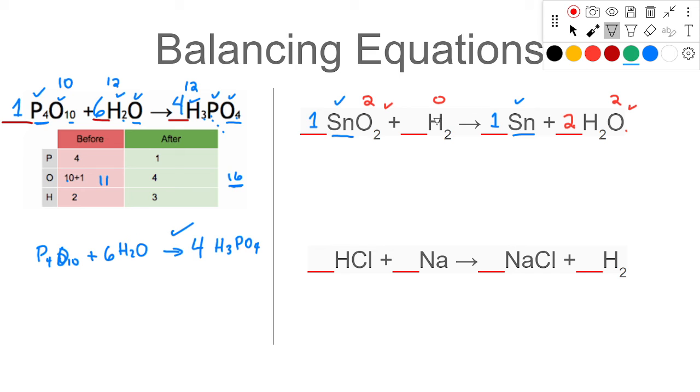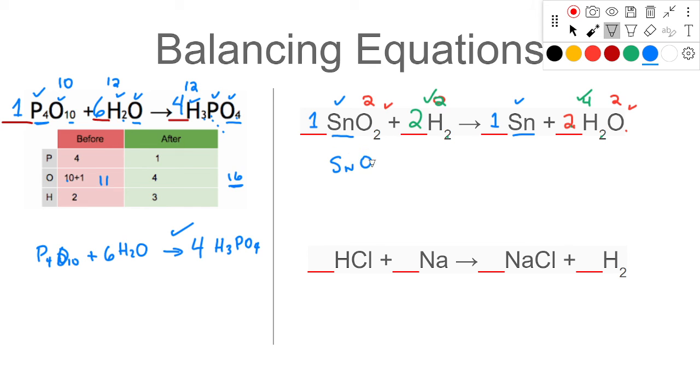So right here, you can see there's 2 hydrogens. I got 2 on this side. Over here, though, I've got 2 times 2. There's 2 hydrogens in the first one, 2 in the second one. That makes a total of 4. So if I come in and put a 2 right there, then I'd have 4 hydrogens and 4 hydrogens, and that would be chemically balanced.